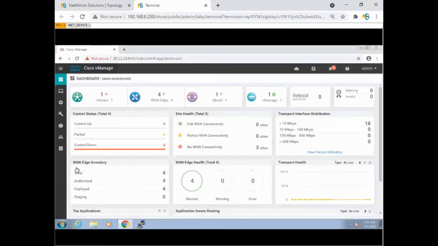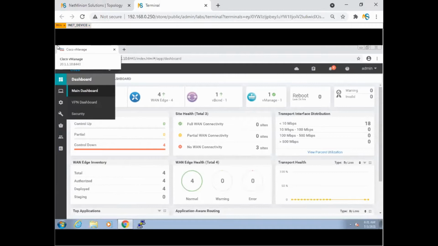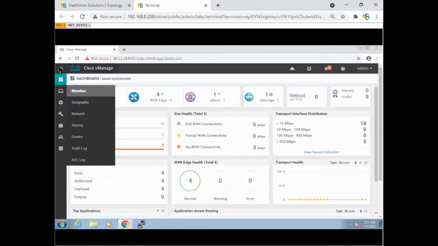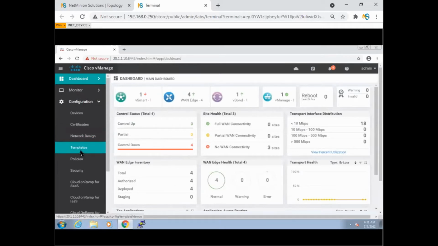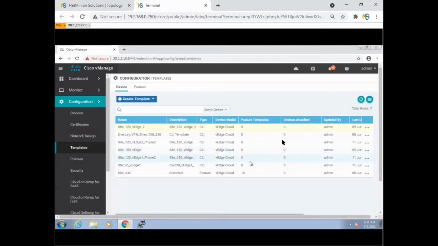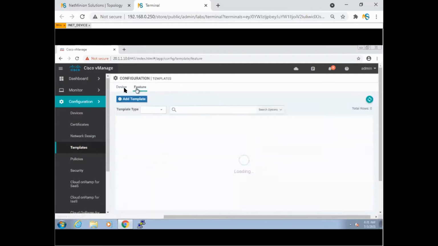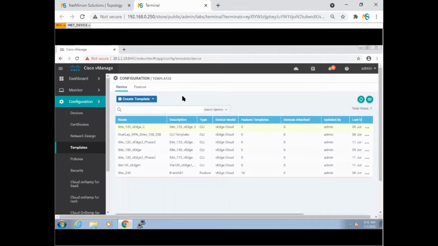So this is your management connectivity, but not only the management. Later on we will be able to see that through this console you have something. If I expand it into the configuration, can you see these templates and policies? We are going to push some templates. What are those templates? How are the device template and the feature template different? What is the CLI template?